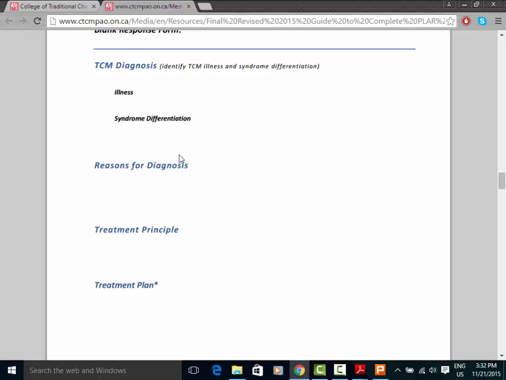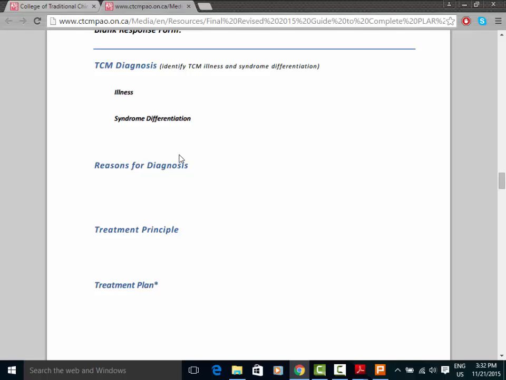All right, TCM diagnosis has two parts. When we have this in student clinic, you can differentiate the disease and the pattern differentiation, but a TCM diagnosis actually contains both. For example, we can say deafness caused by exterior wind attacking the Shaoyang.